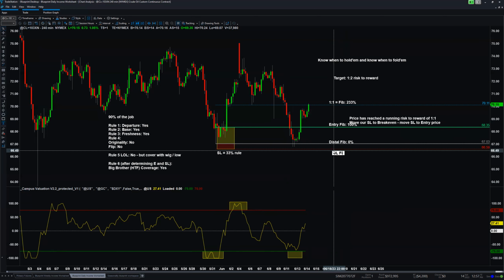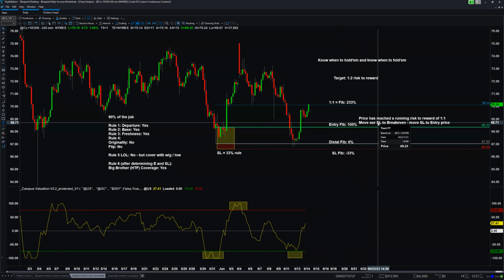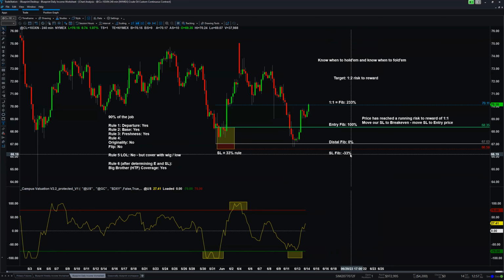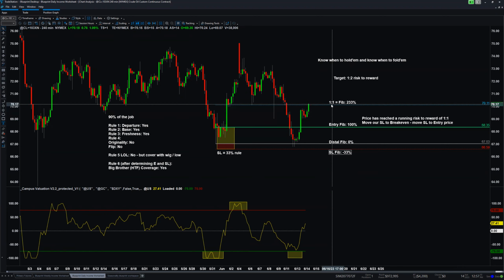And your SL fib is the -33%. So if your box is the size of -33 to 100, that's 133%. If I need 133% on top of the 100, I need to add 133%, which then gets to 233%.